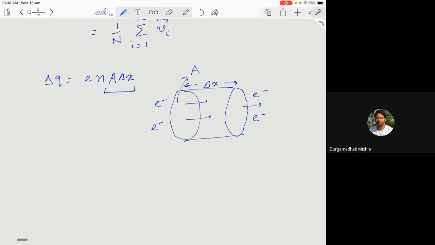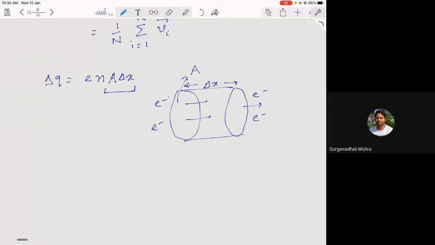So how much charge is flowing through this volume? This is e into n A delta X. That is the total charge that is flowing through it.